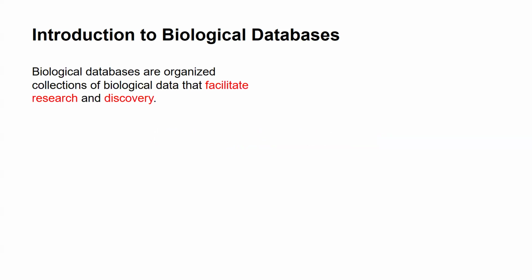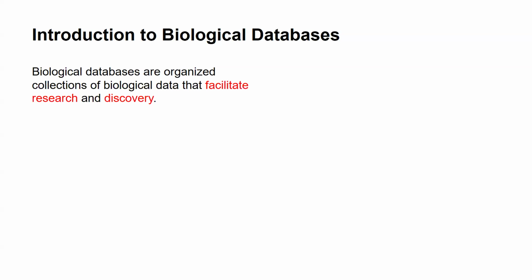So when you say biological database, there are databases that have a collection of biological data like gene, protein sequence, protein structure, RNA, DNA, all are examples of biological data.